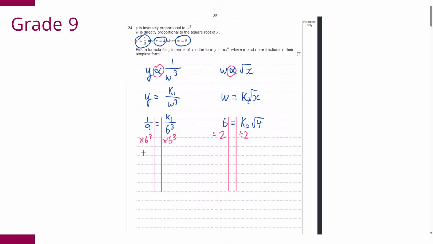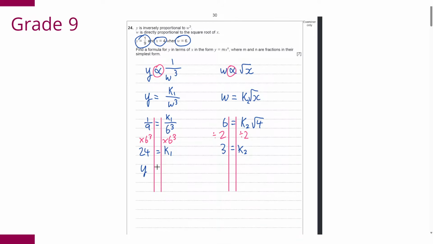I know you could probably do this in your head. 6 cubed is 216, and we're timesing that by 1/9, so divided by 9, and we get 24 equals k1. So k1 is 24. On the right-hand side, we've got 6 divided by 2, which is 3. So k2 is 3.